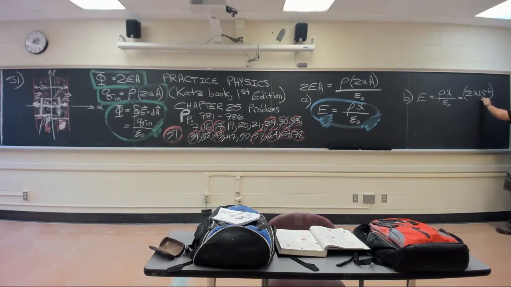So this is fine: 2 times 10 to the negative 6 coulombs per cubic meter. X is 3 centimeters. 3 centimeters is 0.03 meters. That's what you write. And epsilon naught, they didn't really specify a whole lot regarding what it could be, or whether it could be some other epsilon rather than epsilon naught, given the circumstances. We're not going there. We're just going to leave it like that.